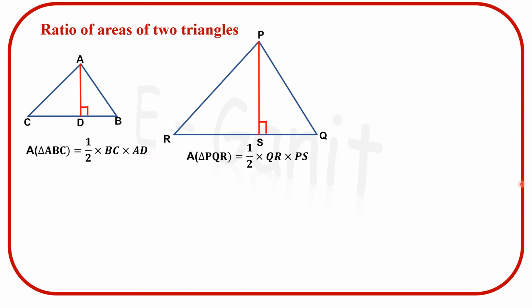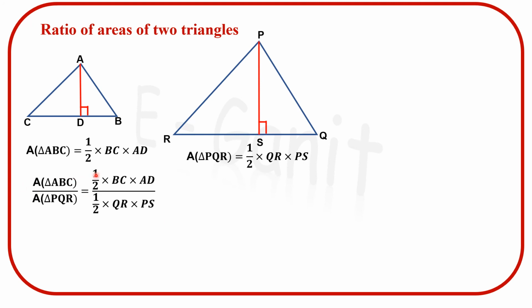Now we want to find the ratio of these two. Then let us write in the form of numerator and denominator. Area of triangle ABC is to area of triangle PQR is equal to half into BC into AD is to half into QR into PS.